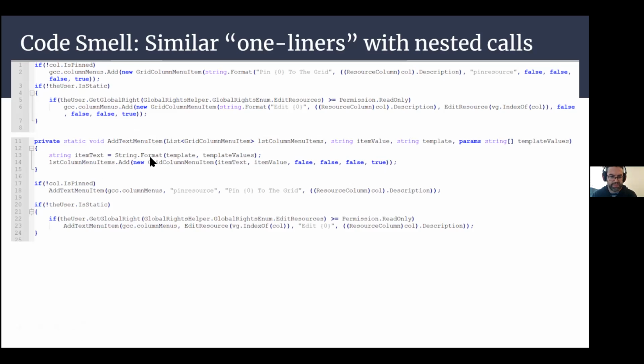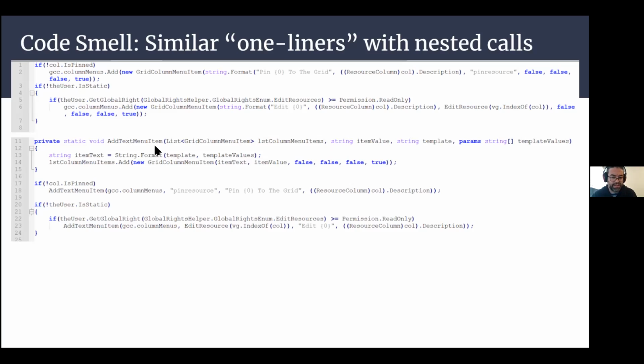So instead, if you see this item text, I keep that in a variable, then I just make the call. Other people could just put the string format in here. Sure, if it's readable for the whole team and nobody cares about that, just keep it. I mean, there are no hard rules for that.